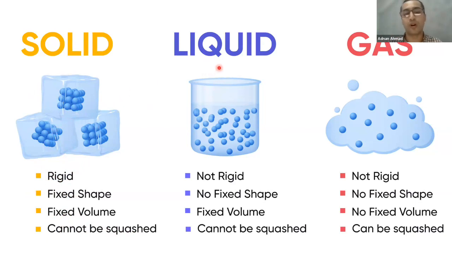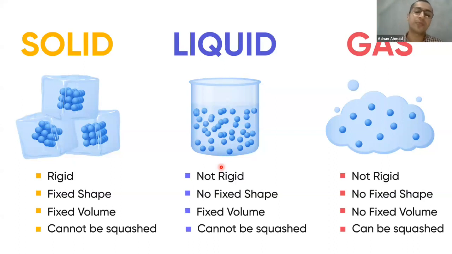Now let's move on to liquid. So liquid is not rigid. For example, if you have a glass of water and you pour it into another glass, the liquid will take the shape of the container. And if you transfer that glass of water to a bucket, the water will take the shape of that bucket.